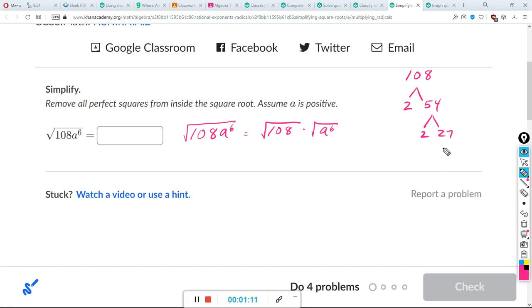I know you can divide 27 by 3. So 27 is the same as 3 times 9, and 9 is the same as 3 times 3. I can't break that up any further. Just circle the last number on each one.